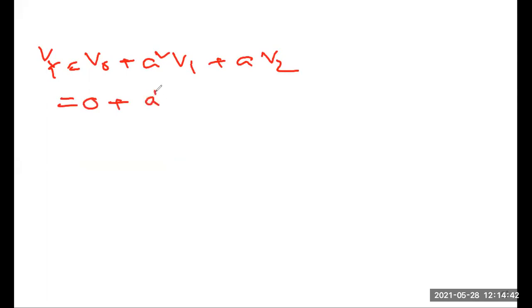Now Vy will be equal to V0 plus A square into V1 plus A into V2. So V0 equal to 0, we know. A square into V1. What is V1? V1 value is how much? You have calculated. What is V1?